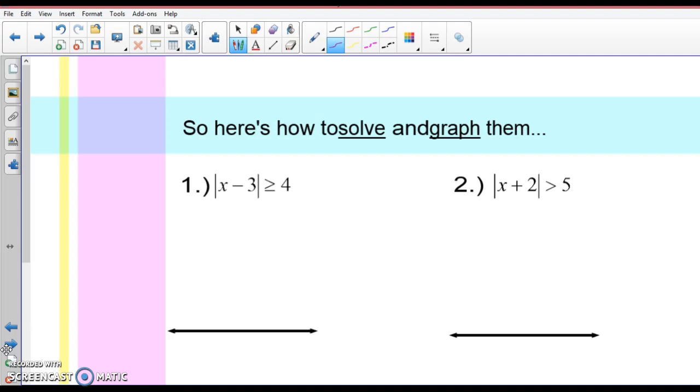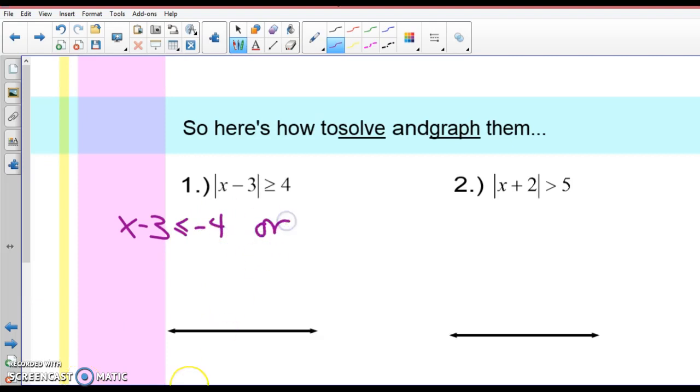So, let's do the bottom part of the graph. Tell me how to rewrite this for this part of the graph. The bottom part: less than or equal to negative 4. Then what word?